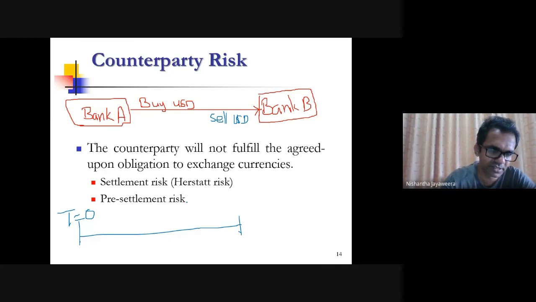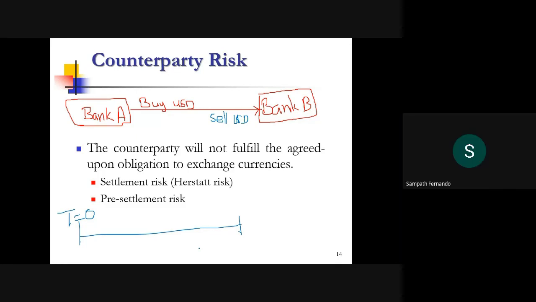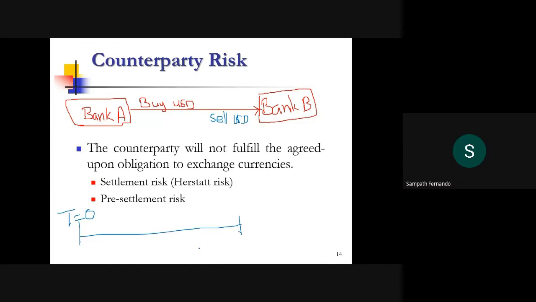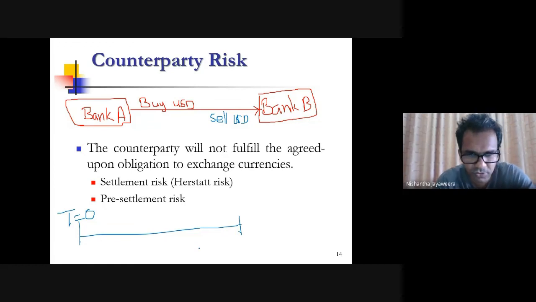If you enter into the transaction today, when do you settle the transaction? T plus 2. That means after 2 business days, or on the second business day.